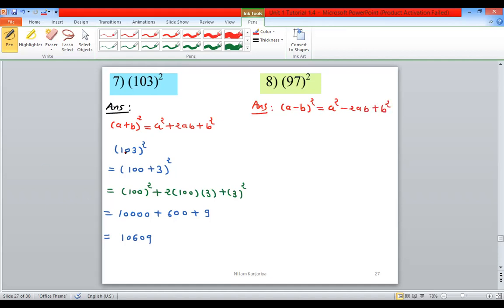You are free to choose any identity. For 97, you can write 90 plus 7, or you can write 100 minus 3. I use this formula because 100 square is easy to find. You are free to choose any identity, but the identity must be true. If it is true, then you can apply it.